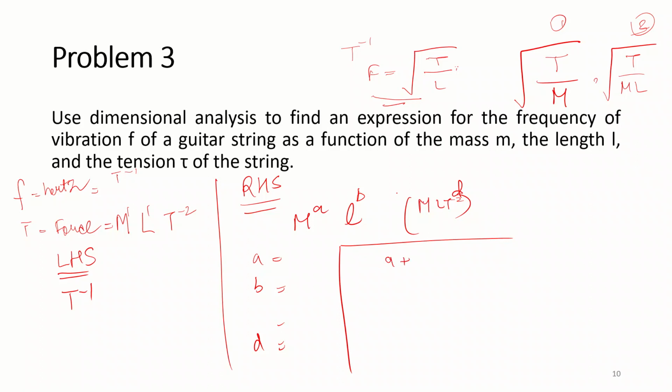And B is equal to 0, so B minus C is equal to 0.